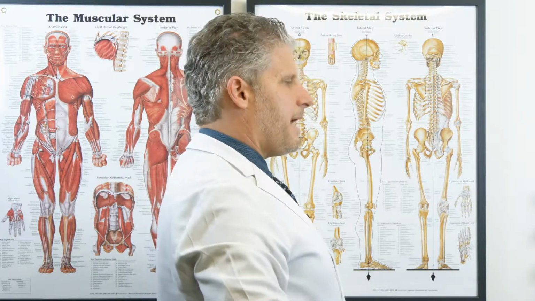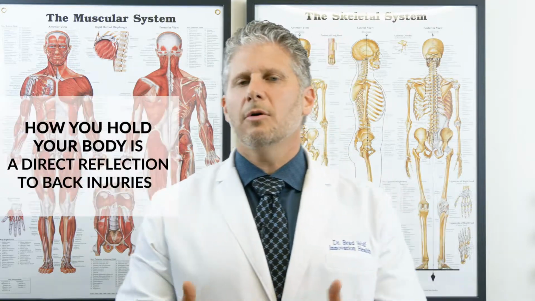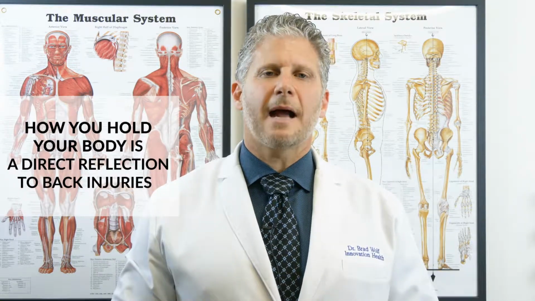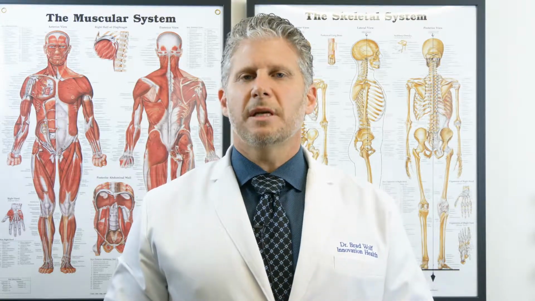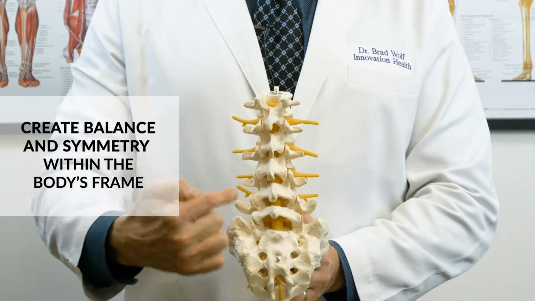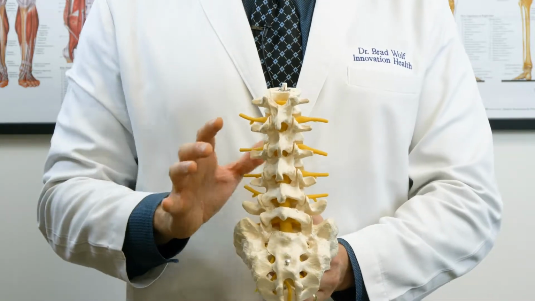You know, maybe men, they have a big belly here. And so how you hold your body is going to have a direct reflection on whether you have injuries to your back. Now, if your back injury is due to some sort of traumatic event, the same principles still apply. We want to create nice balance and symmetry within the frame, okay, as much as possible.